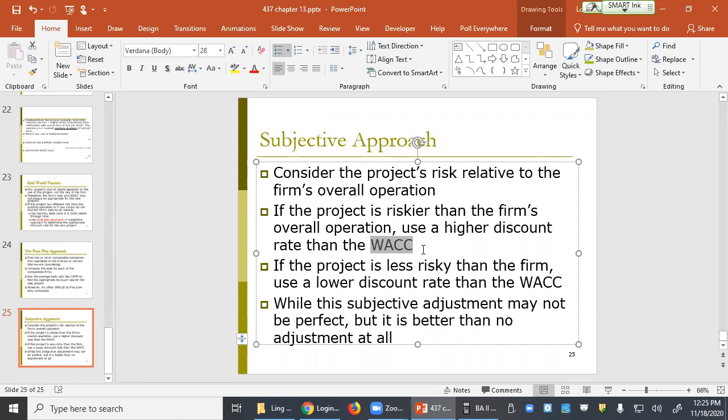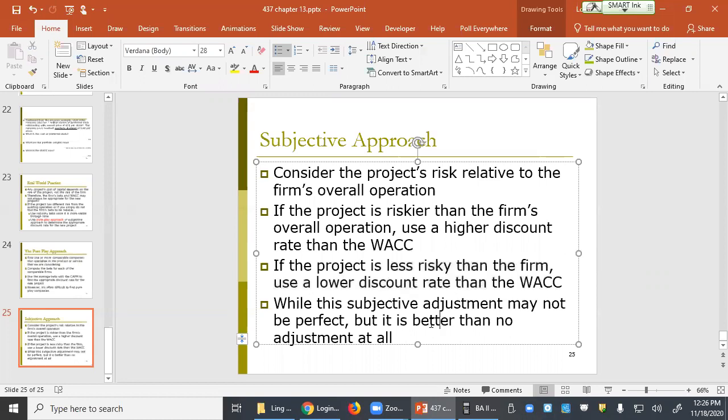So when risk goes up, the required return should also go up. But if the opposite is true, if the project that you are evaluating is less risky than the company's current operation, then once you find the WACC, you're going to reduce from that WACC.